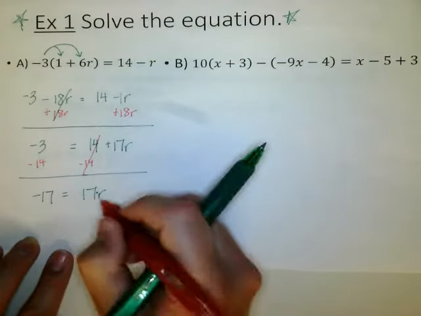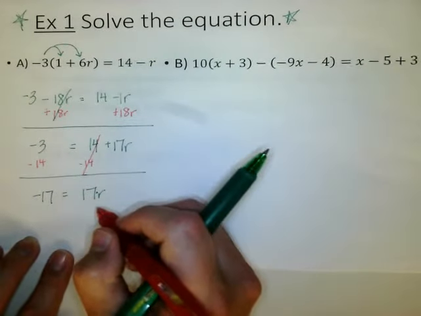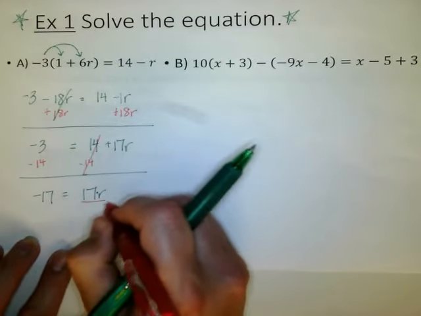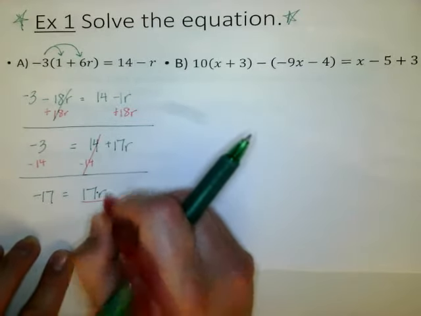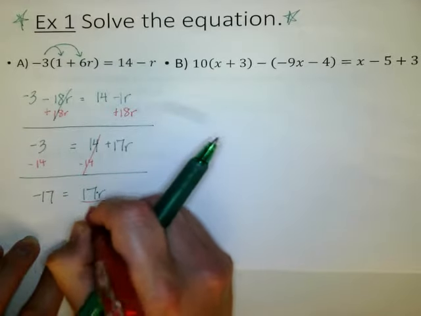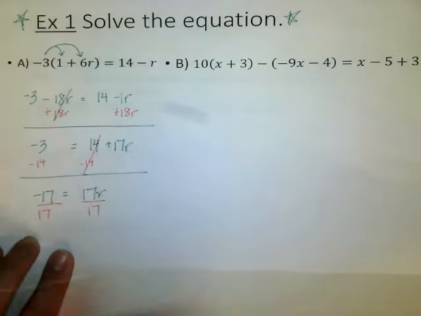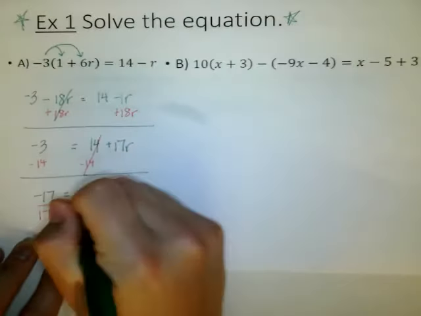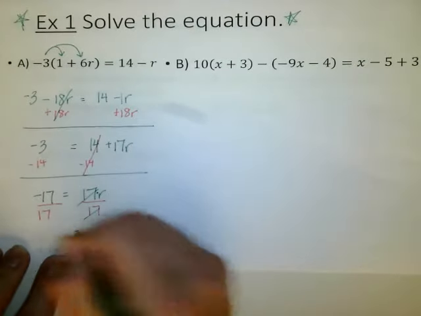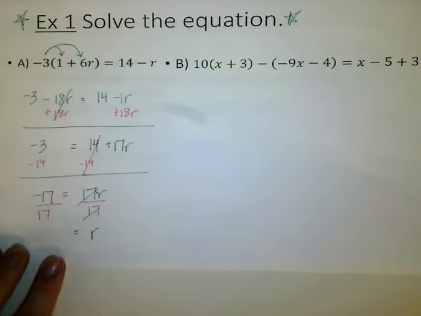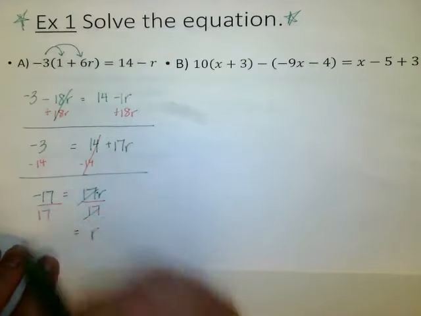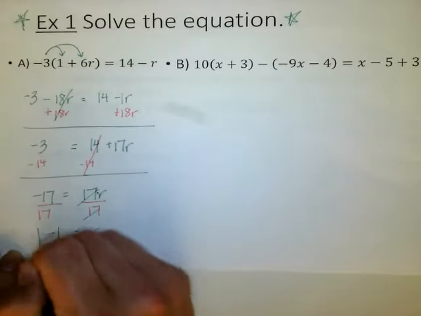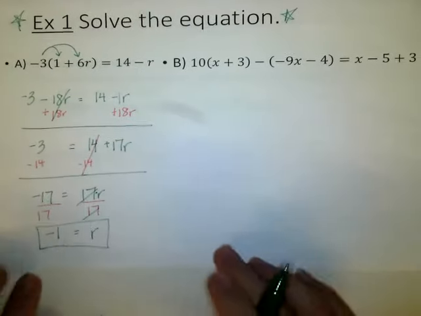Yeah, the inverse property of equality says I can multiply by the inverse, which would be multiplying by 1 over 17, which is the same as dividing by 17, the multiplicative inverse. That means 17 over 17 reduces to a 1, and negative 17 divided by 17 is negative 1. So our r value should be negative 1.